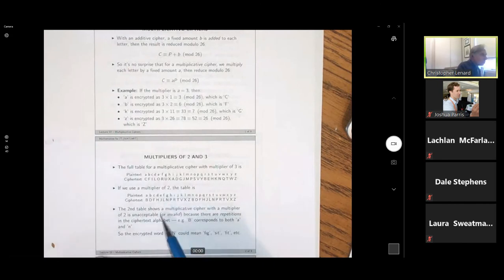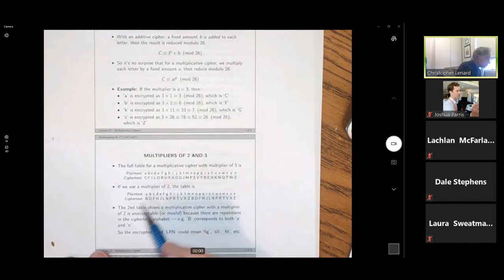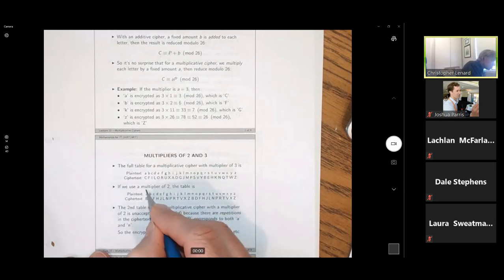What happens if we do a multiplier of 2? This is really interesting. A is 1. 2 times 1 is 2. B is 2. 2 times 2 is 4. C is 3. 2 times 3 is 6.